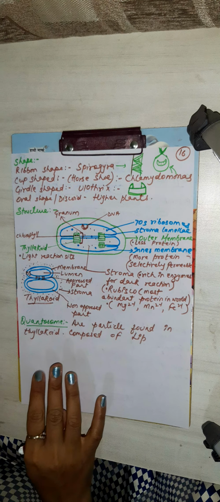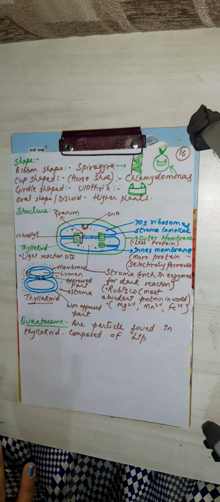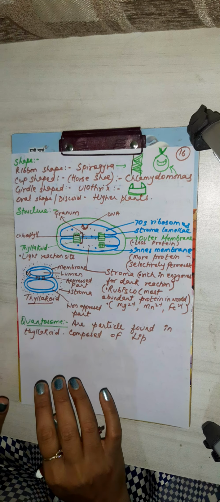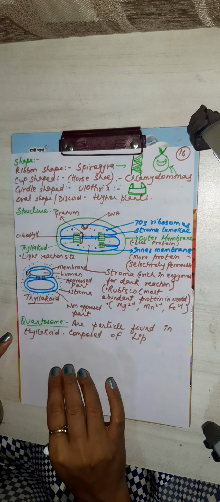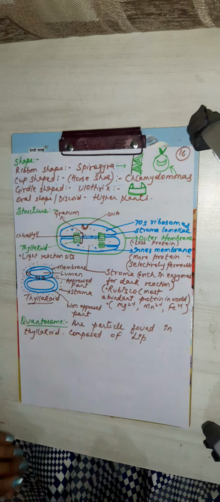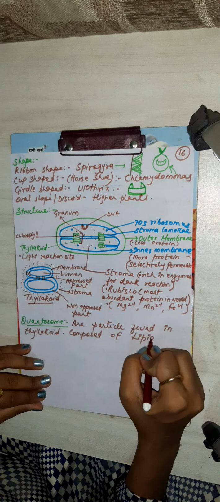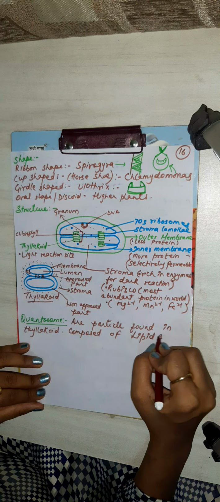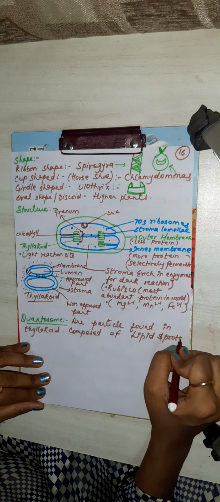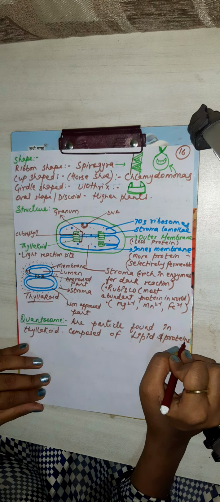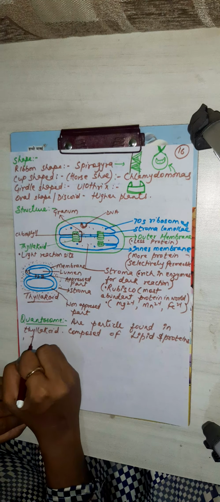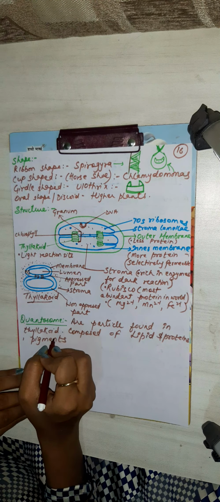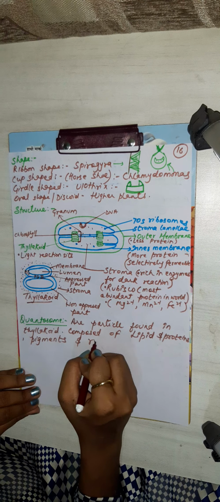It forms pigment systems. यहाँ पे pigment molecules found होते हैं. ठीक है, this chlorophyll, carotenoids, xanthophylls, phycobilins, they all are found here. And it is also composed of lipids and proteins, pigments and redox carriers.